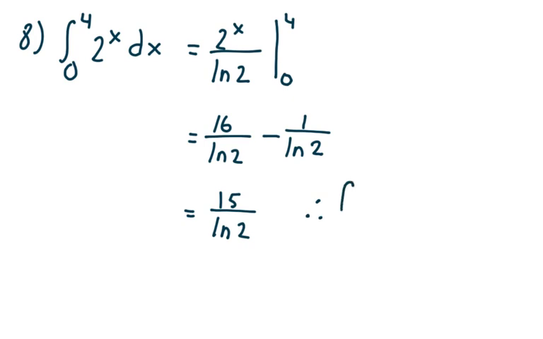So therefore, the integral from 0 to 4 of 2 to the x dx is 15 over natural log of 2. And that was example 8. Example 9.